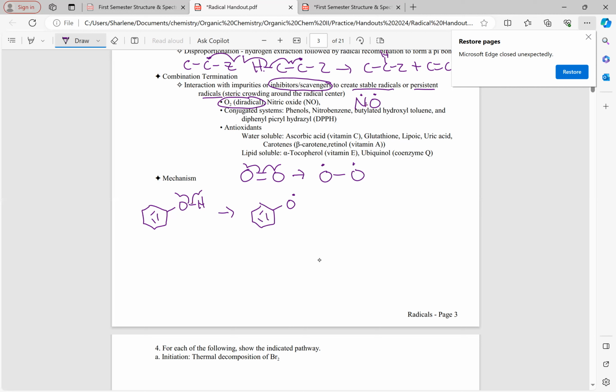Anything that stabilizes it. So how many different resonance structures can we draw for this radical? All right, well, let's try and do that one. Da, da, da. So there you are. And then it's going to go around.